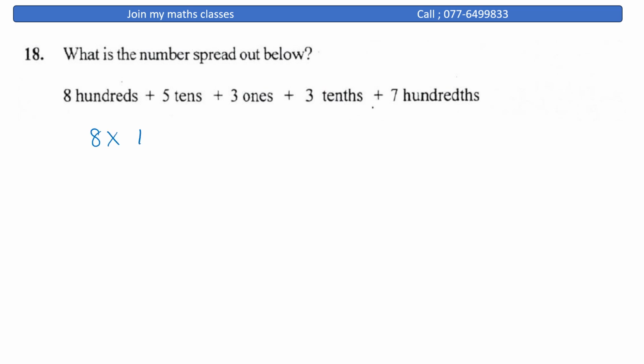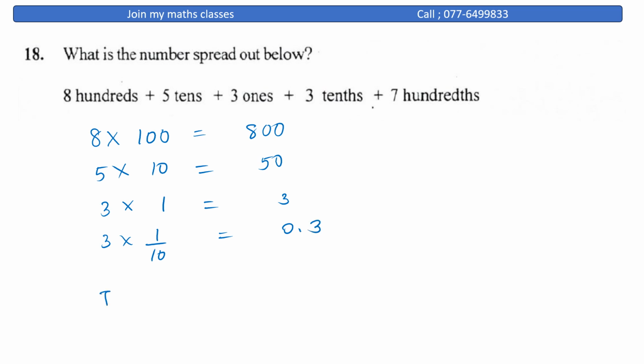So 8 multiplied by 100 means 800, and 5 into 10 means 50. 3 ones means 3, and 3 tenths, 3 into 1 over 10, means 0.3, and 7 hundredths, 7 into 1 over 100, means 0.07.